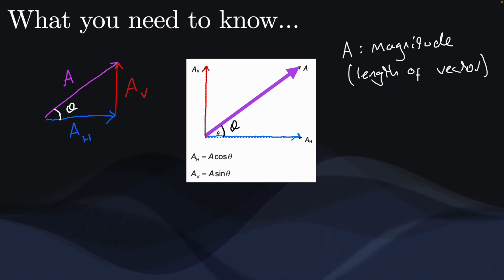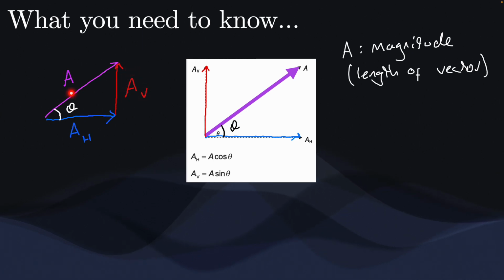If we know the length of the vector, then remember, sine theta is equal to the opposite over the hypotenuse. In this case, the opposite is A_v, because the angle is here, and the hypotenuse is A, the length of the vector.